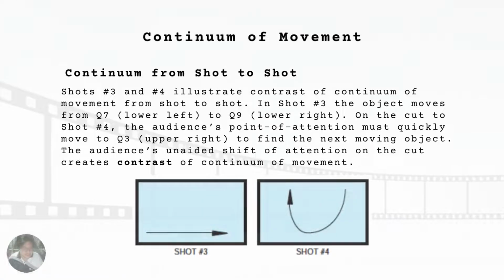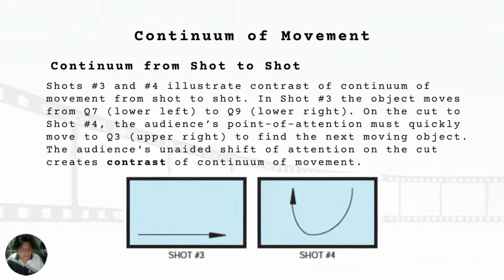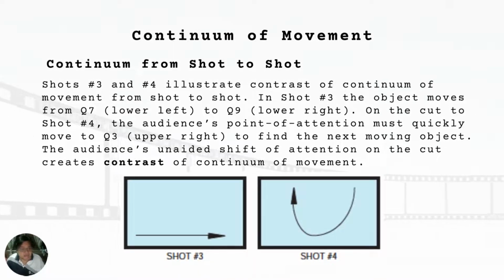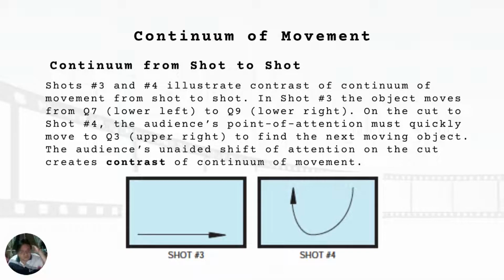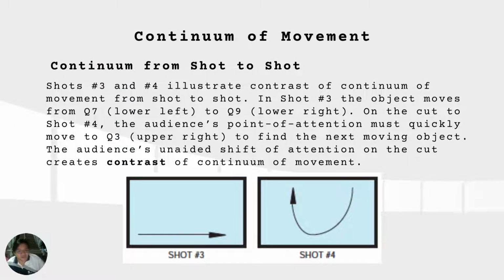So, again, that's affinity. Now, for contrast, shots 3 and 4 illustrate contrast of continuum of objects from shot to shot. From shot 3, the object moves from quadrant 7, lower left, the same movement that we did earlier, to lower right. But cut to shot 4, the audience's point of attention must quickly move up to quadrant 3, the upper right, to find the next moving object.